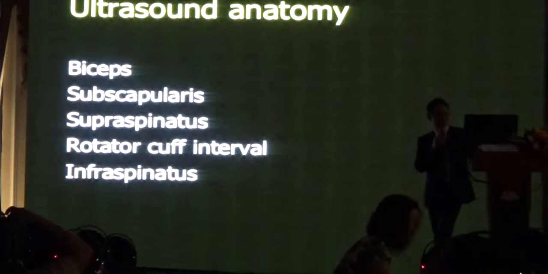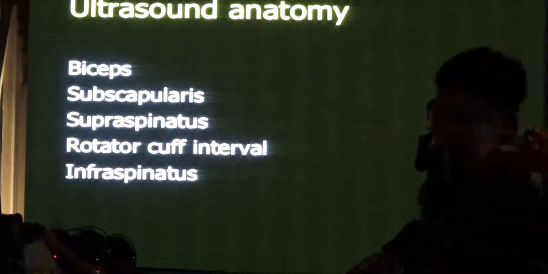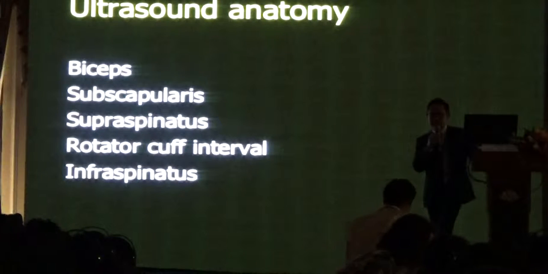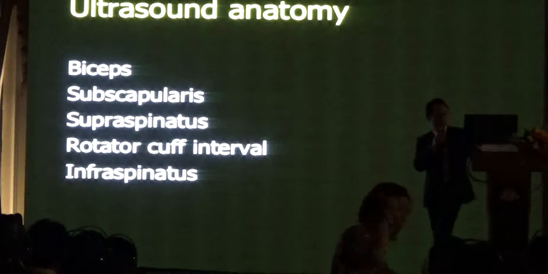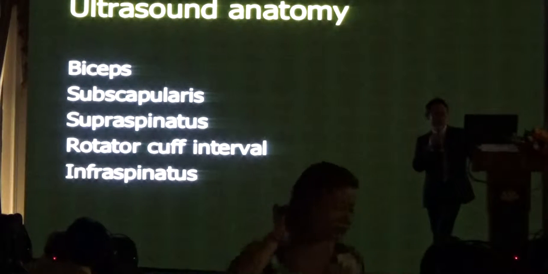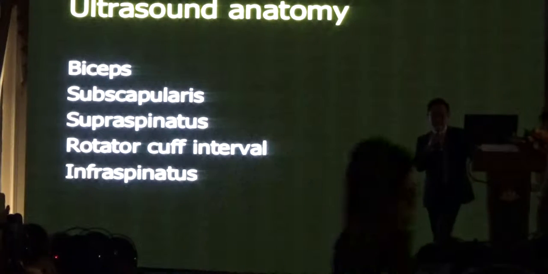The ultrasound anatomy is straightforward if you do it in a systematic way. We look at the biceps tendon first, followed by the subscapularis, supraspinatus. We look at the rotator interval and then the infraspinatus tendon.